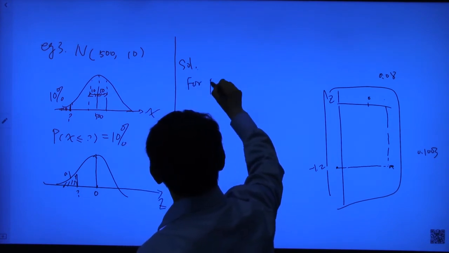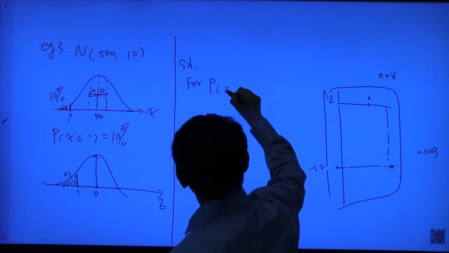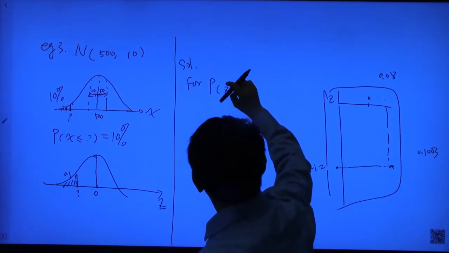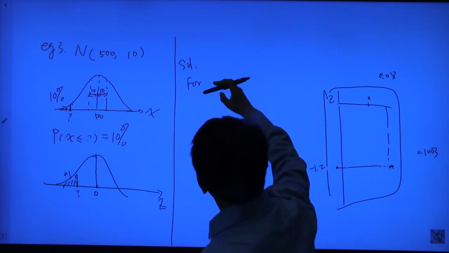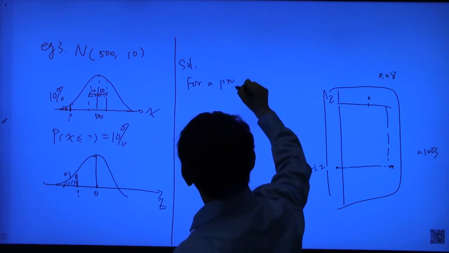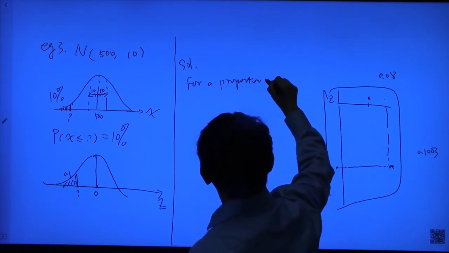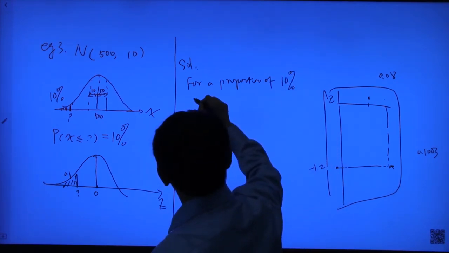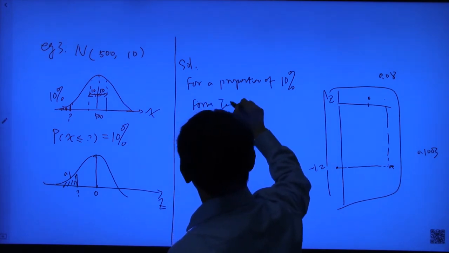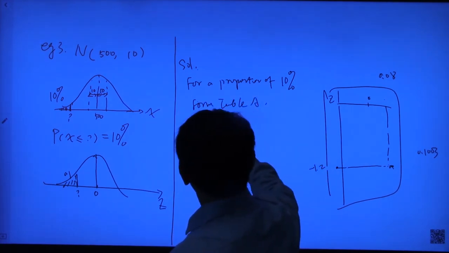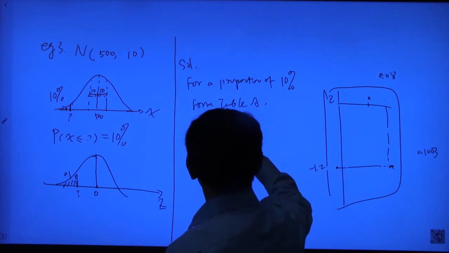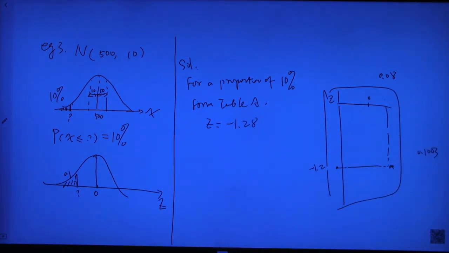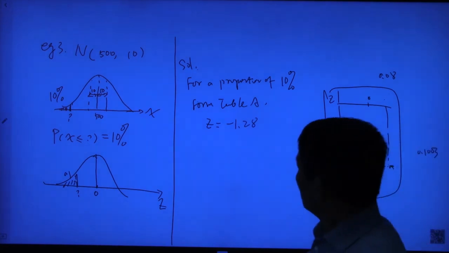For a proportion of 10%, from table A, the z-score equals negative 1.28.